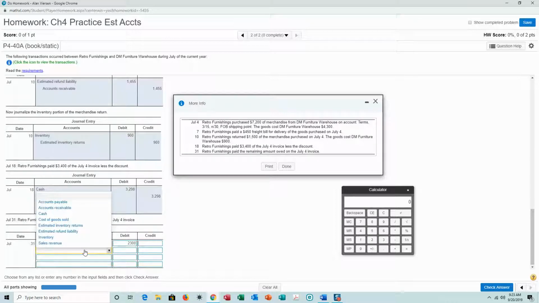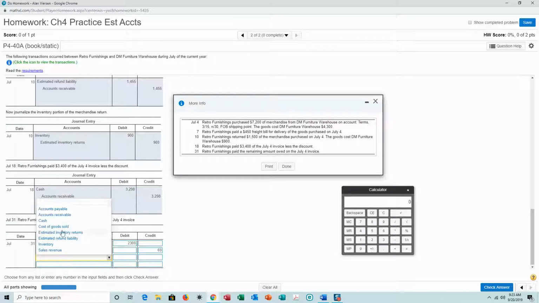Then, just as we debited inventory when we were the purchaser, now we're going to credit sales revenue, because we actually have more sales revenue since the customer didn't take advantage of the discount, so we made more money off the sale. That makes sense. If you think about it in your own life, if you take a 10% discount, you only pay 90% of the sales price. If you miss out on that discount, you pay 100%.